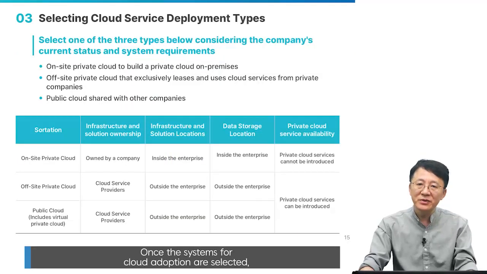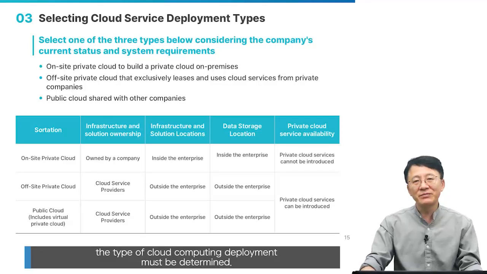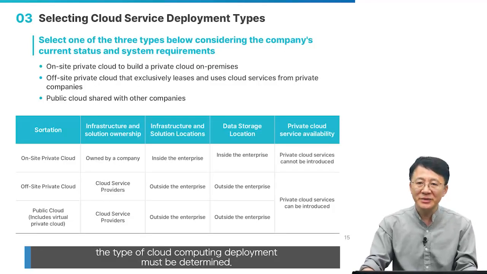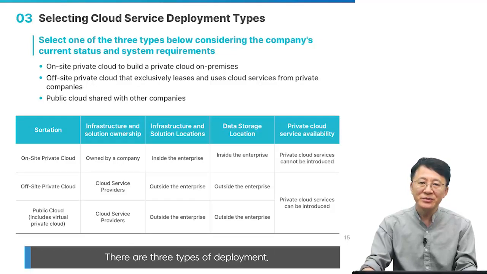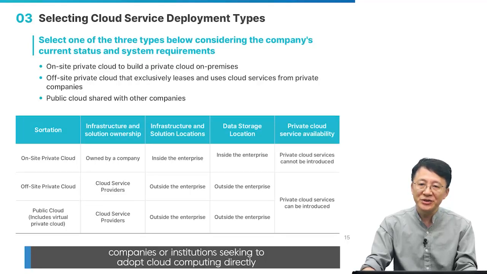Once the systems for cloud adoption are selected, the type of cloud computing deployment must be determined. There are 3 types of deployment. First, in an on-site private cloud, companies or institutions seeking to adopt cloud computing directly build cloud infrastructure within the company or institution.